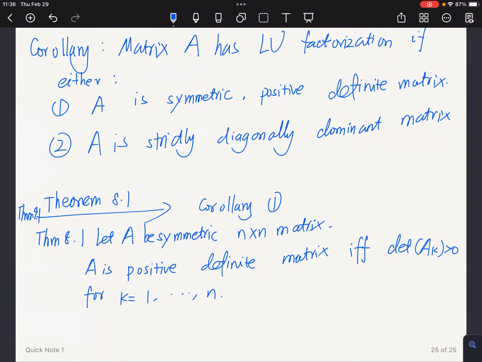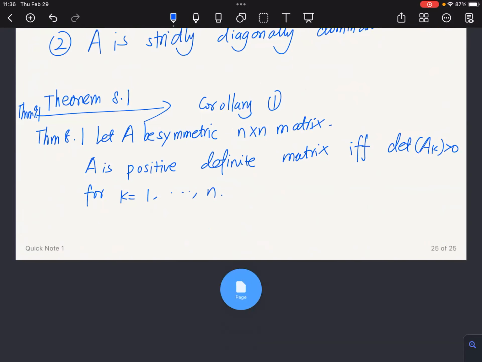They are two separate situations here. So let's take a look at the second situation. What does strictly diagonally dominant mean?